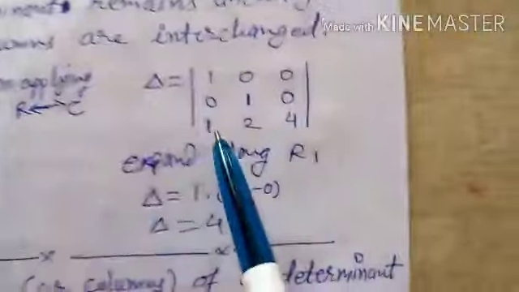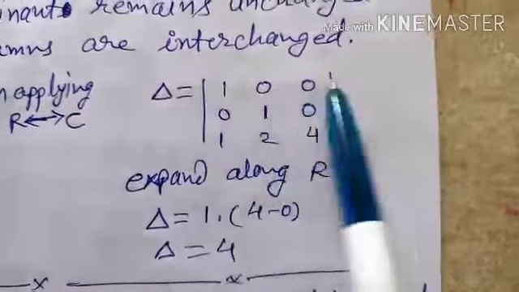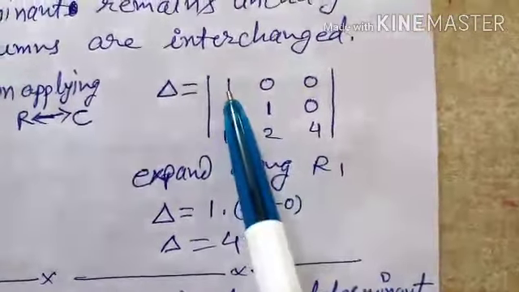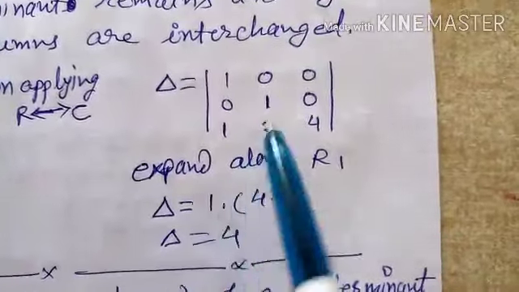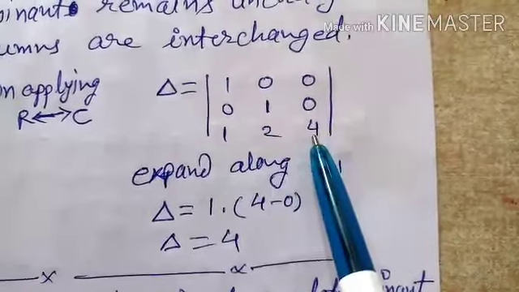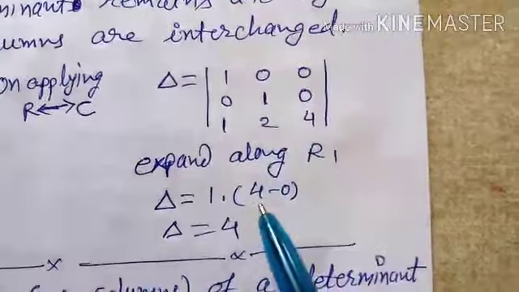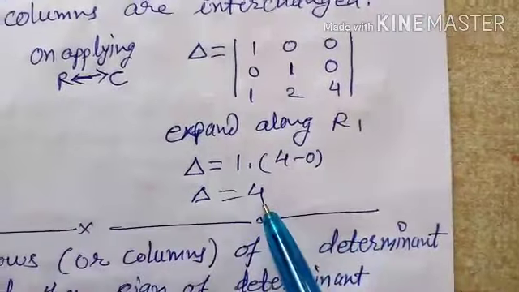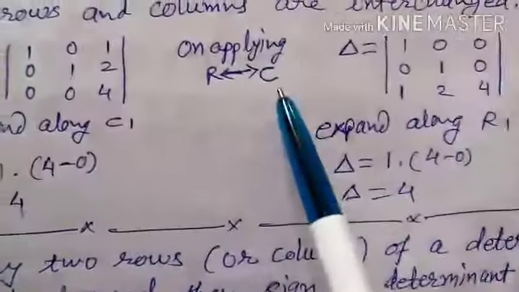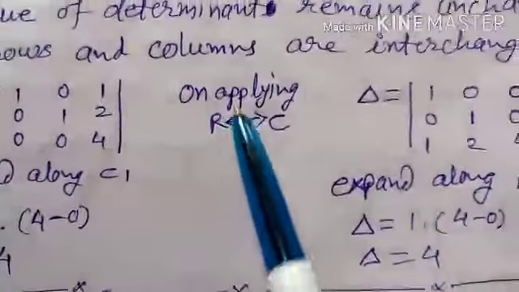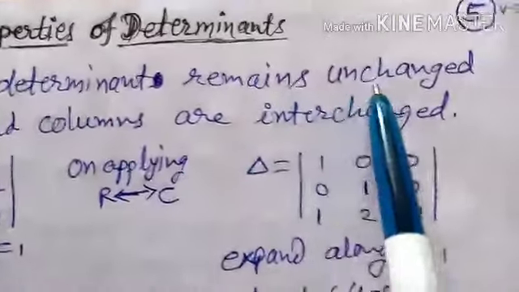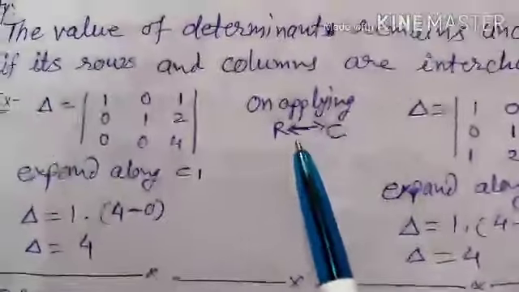Now expanding this determinant along the first row, this is 1 into 4, that is 4, minus 2 into 0, that is 0. So 4 minus 0 is only 4. So if we interchange rows and columns, there is no effect. The value of the determinant remains unchanged. Both values are the same, 4 and here also 4. So this is the first property.